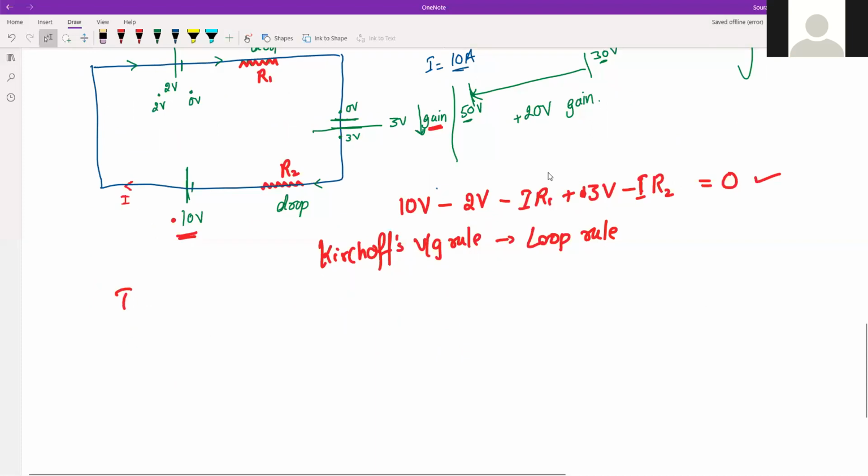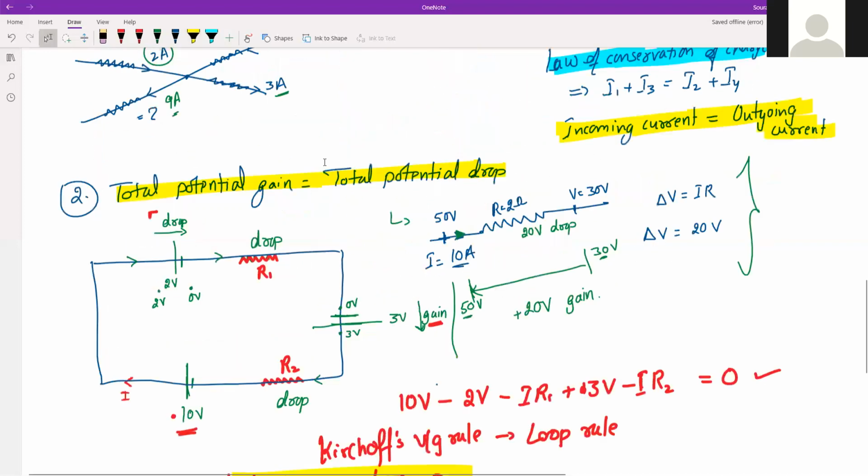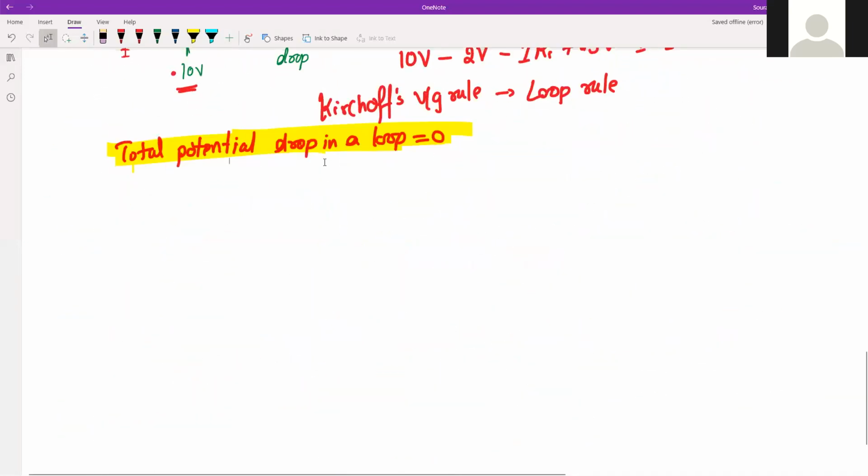That total potential drop in a loop is equal to 0. You keep on adding all the potential drops, taking negative and positive, and ultimately you will end up getting 0. Total drop is equal to total gain. So these are two different rules.